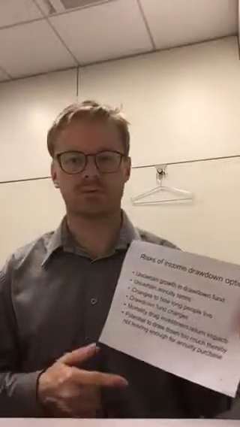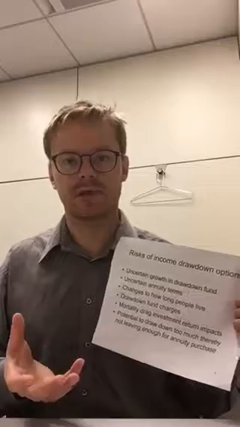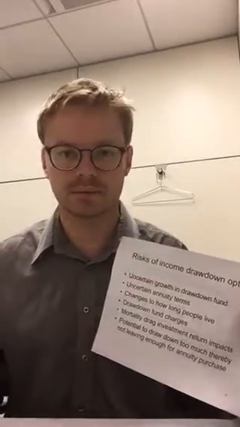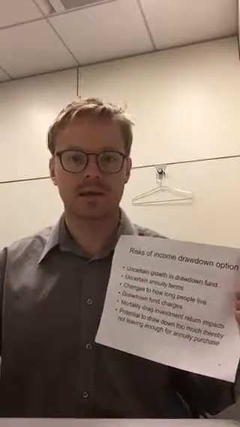So the economic conditions may be worse, and your pension pot may even go down in value, whereas an annuity provider will guarantee the same income that's specified in your contract, in the annuity contract.